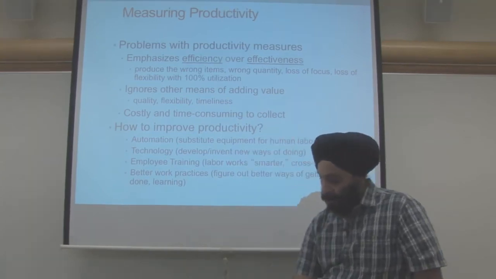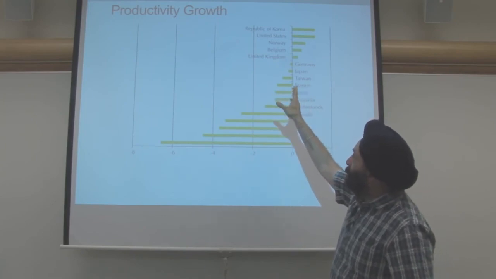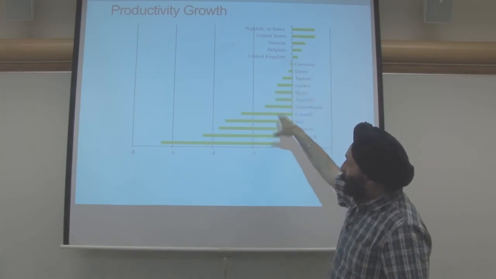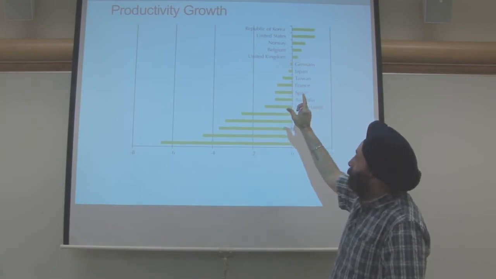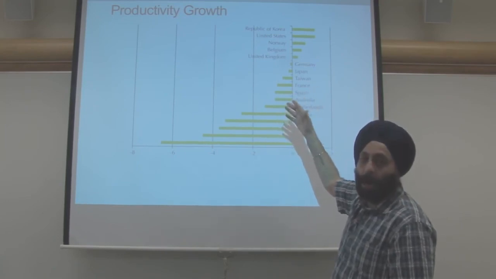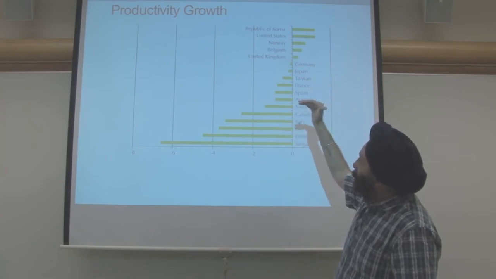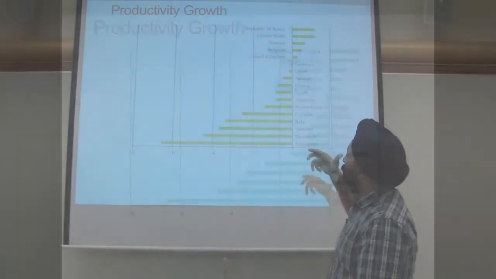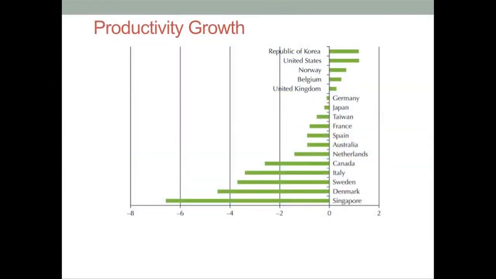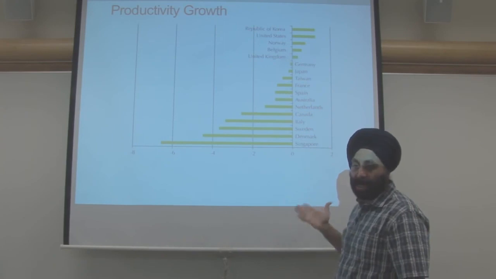So let's look at productivity growth. In terms of productivity numbers, you can see Korea, United States, Norway, Belgium, UK, all labeled as countries where productivity actually increased, whereas Germany, Japan, Taiwan, France, and other countries in the second category are where productivity actually declined.